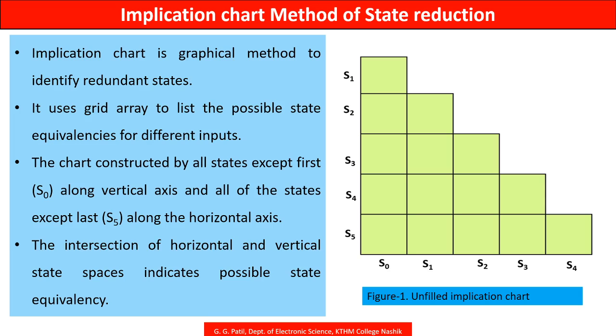In this method, we use the grid array as shown in the picture. It uses the grid array to list the possible state equivalencies for different inputs. The chart is constructed by all the states except first, in this case S0, along the vertical axis, and all of the states except the last, here S5 is the last state, along the horizontal axis.